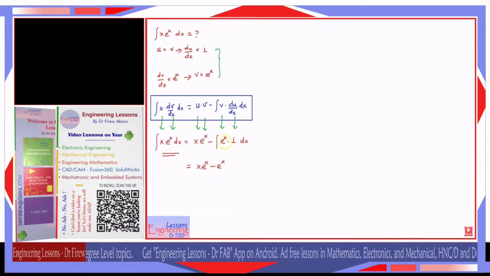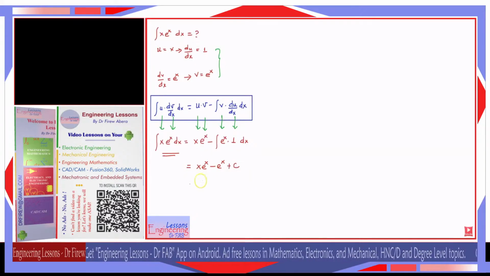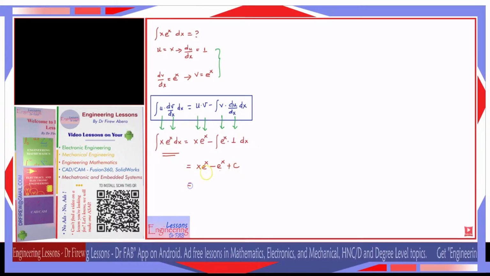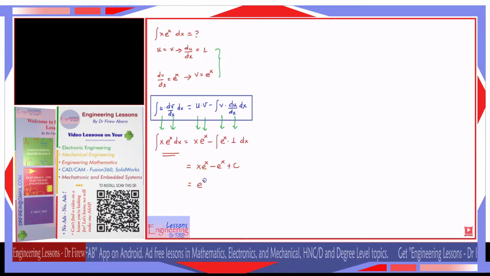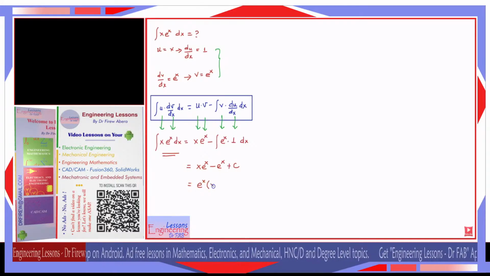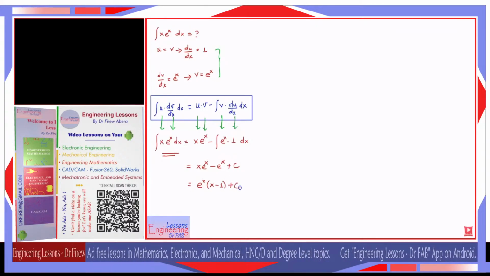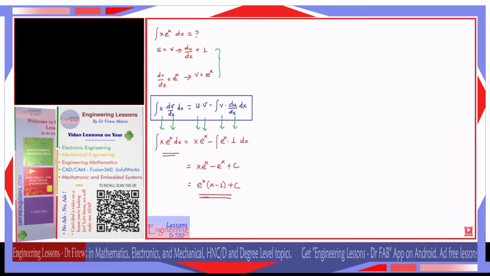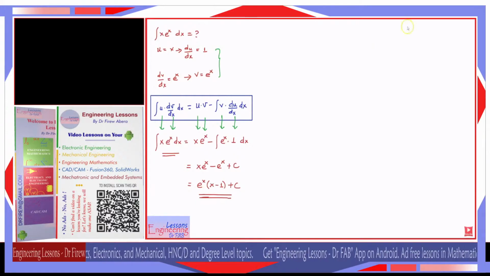Because this is an indefinite integral, we can always add a constant, because the derivative of a constant is 0. If you wish, you can further simplify by taking e raised to x as a common factor: e raised to x times (x minus 1) plus a constant. So this was easy.